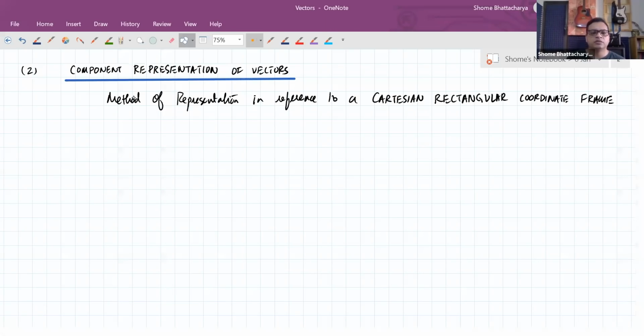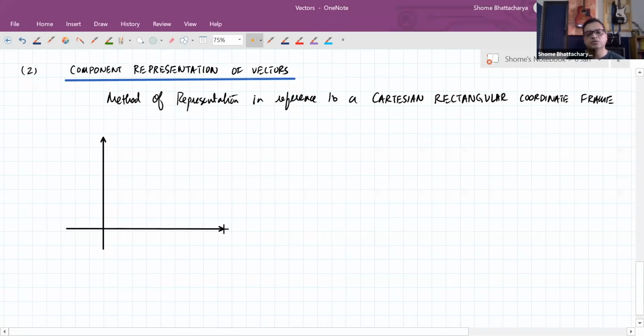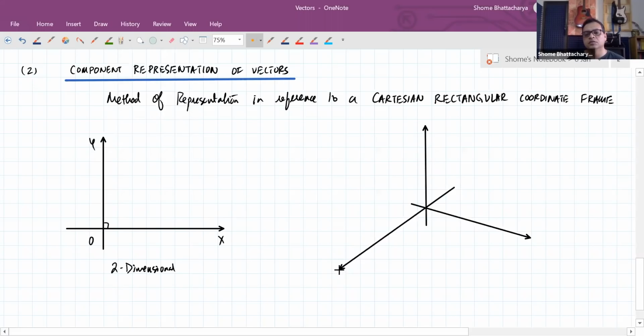So as I'm sure all of you are aware, in 2 dimensions we would represent a Cartesian coordinate frame with just a pair of mutually perpendicular axes, which we call the x-axis and y-axis. Okay. So this is in 2 dimensions. Whereas in 3 dimensions, we would represent the coordinate frame with a triplet of axes which are mutually perpendicular.